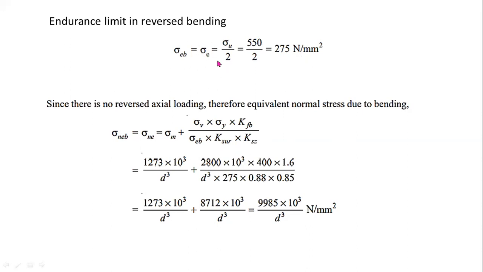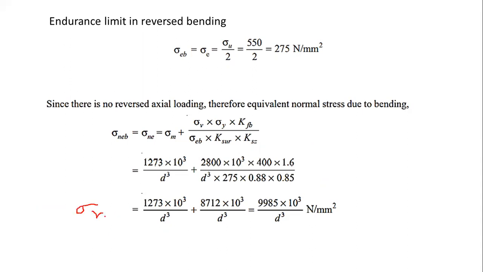That's why I have considered sigma e equal to half of the ultimate stress. This is the standard formula. So you have to substitute the value of sigma e, sigma m, sigma v, sigma y, KFB, k surface, k size factors. In this equation, you can get the value of equivalent normal stress for bending.